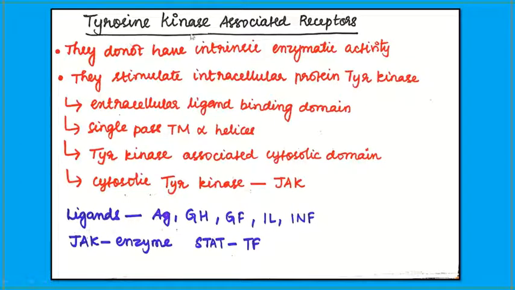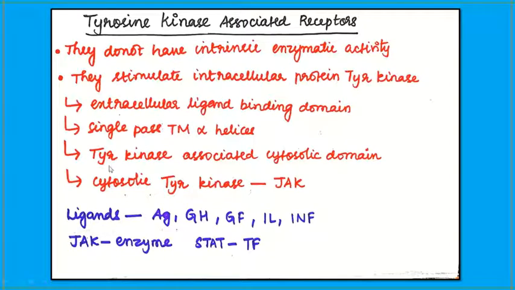These tyrosine kinase associated receptors do not have intrinsic enzymatic activity, but they will stimulate the intracellular protein tyrosine kinase. This type of receptor will also have a transmembrane alpha helix, which is single pass. It will have an extracellular ligand binding domain.